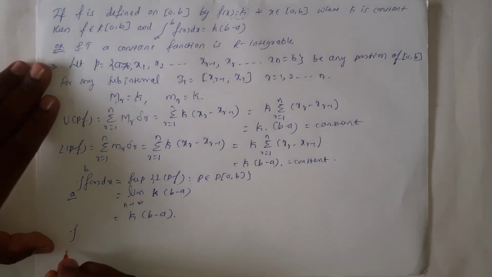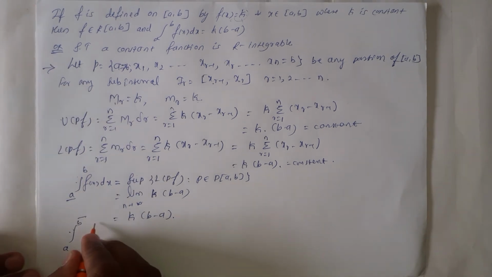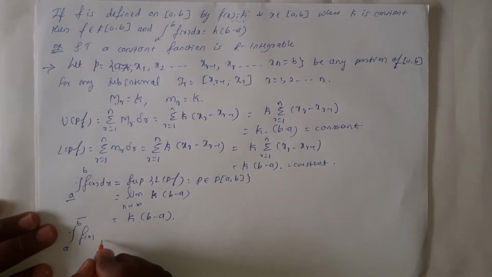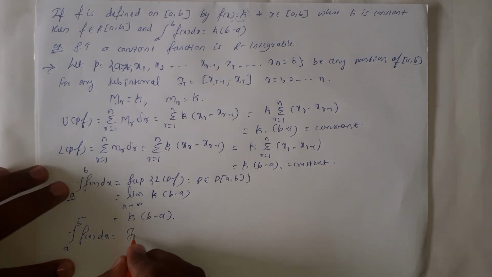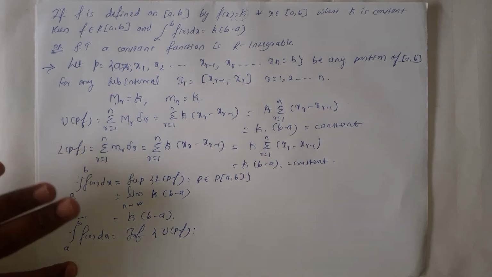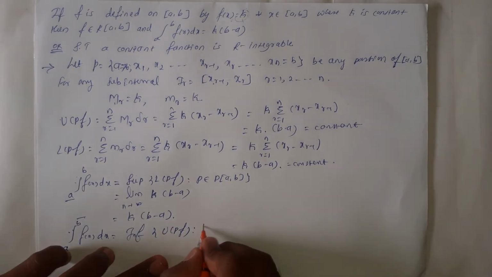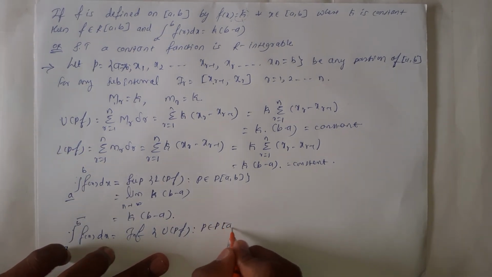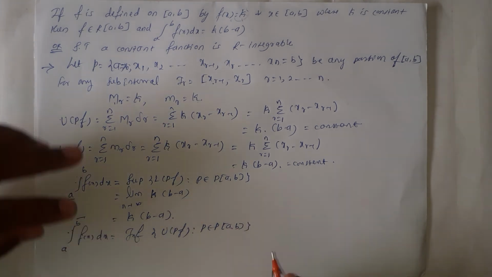And upper Riemann integral, that is integration over a to b of f of x dx, is infimum of UPF, where p belongs to the partition of the closed interval [a, b].